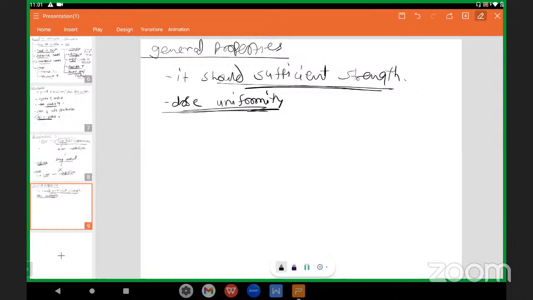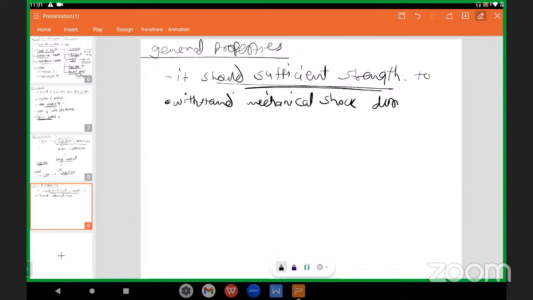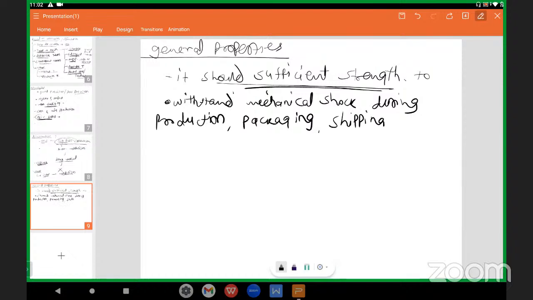It should have sufficient strength to withstand mechanical shock during production, packaging, shipping, and dispensing. Okay, this should be the property.